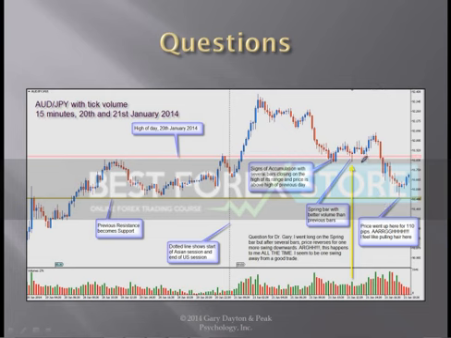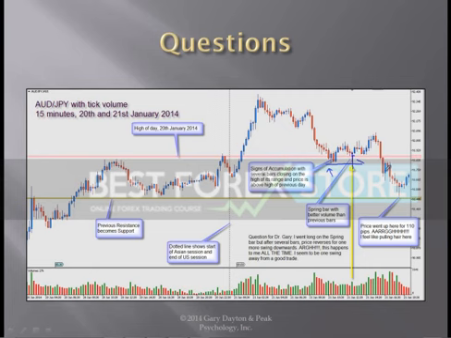What I would say, first of all, is that this is not a spring. A spring needs to go underneath the last swing low. This was the last swing low here. Needs to go underneath this and then close above that swing low.